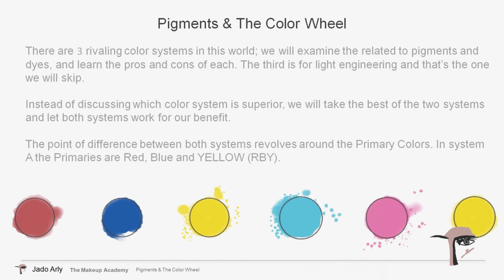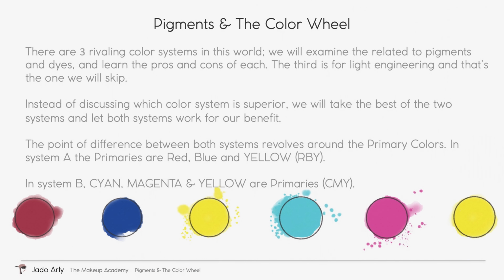Color system 2 has CMY as their primary colors, and you might have heard the term CMYK when you're printing documents and looking into computer graphics, and that stands for cyan, magenta, and yellow. The common primary color between both color systems is yellow, so they agree on that at least.